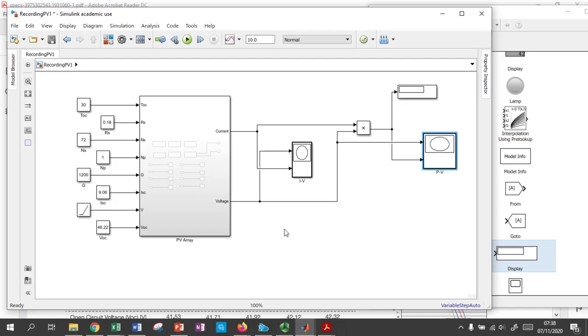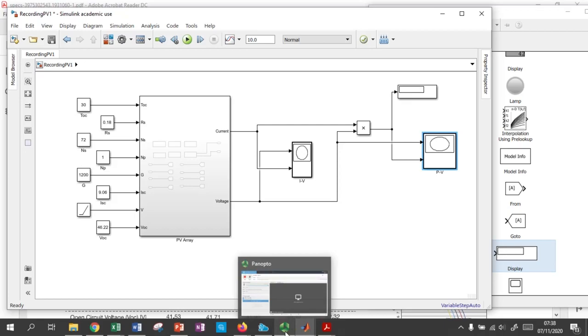Then again I check the input values at 30° for RS, NS, NP, G, ISC, and this is a ramp function that will vary, and this is 46.1. Now it's ready to run this Simulink model in order to find the efficiency of the PV array.